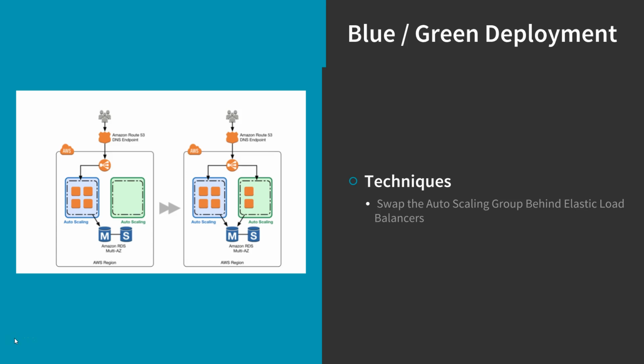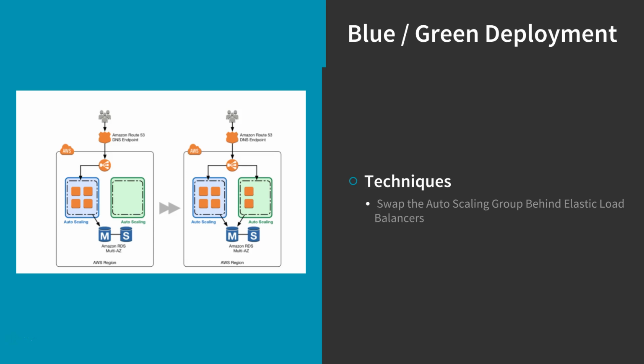When it's time to deploy, you simply attach the green group to the existing load balancer to introduce traffic to the new environment. For HTTP or HTTPS listeners, the load balancer favors the green autoscaling group because it uses a least outstanding requests routing algorithm. You can control how much traffic is introduced by adjusting the size of your green group up or down.